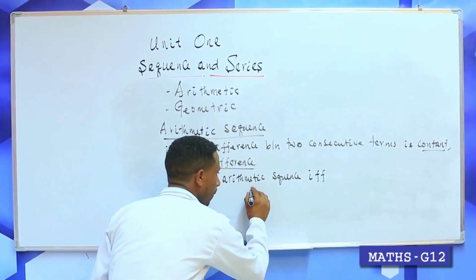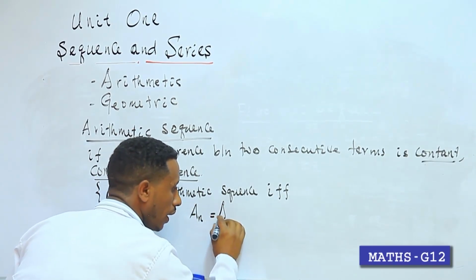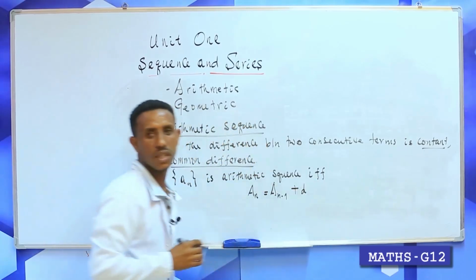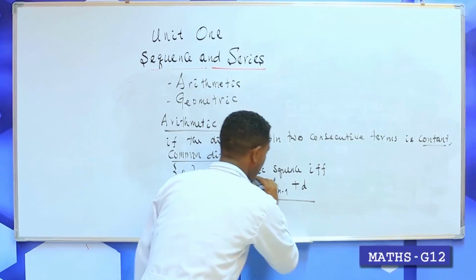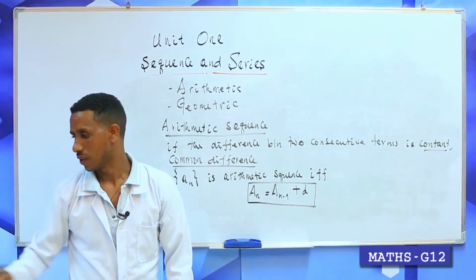That is, a_n is equal to a_{n-1} plus the common difference d. This is said to be an arithmetic sequence.